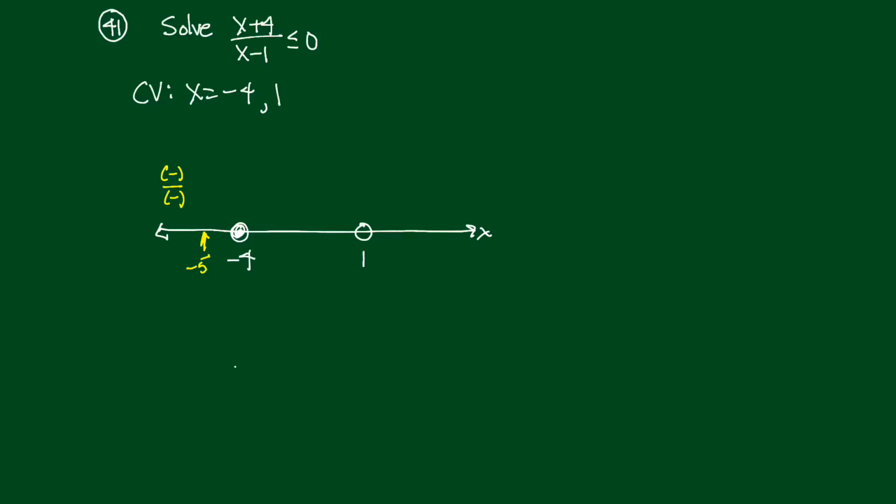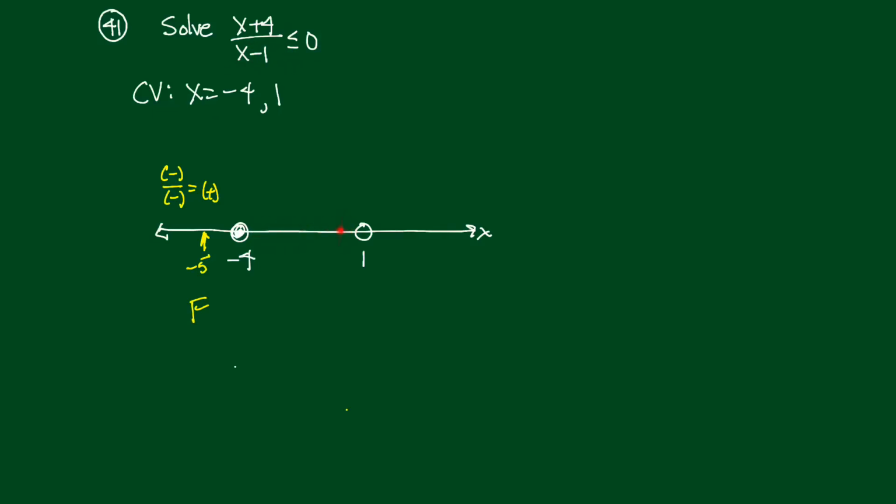A negative divided by a negative is positive. So if I pick any number in this interval, I'll get a negative over a negative, which is positive. So I'm looking at a positive less than 0, false, no solutions there.